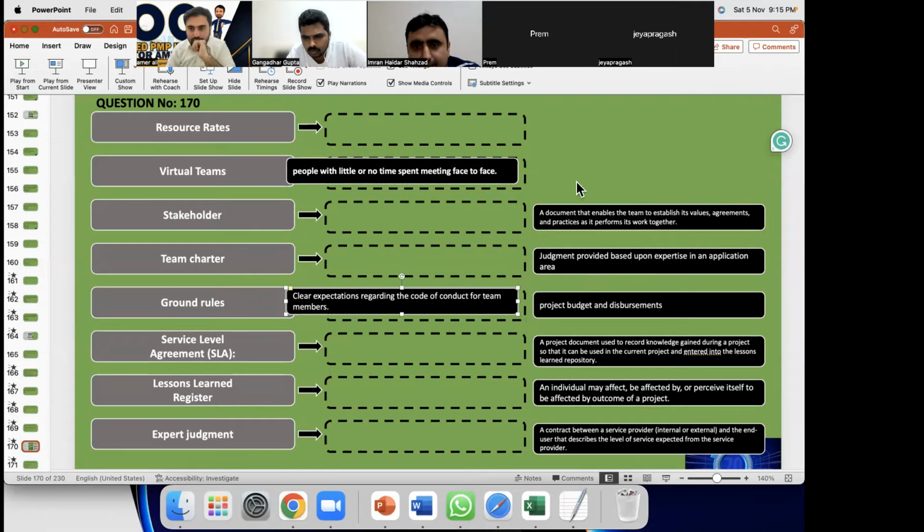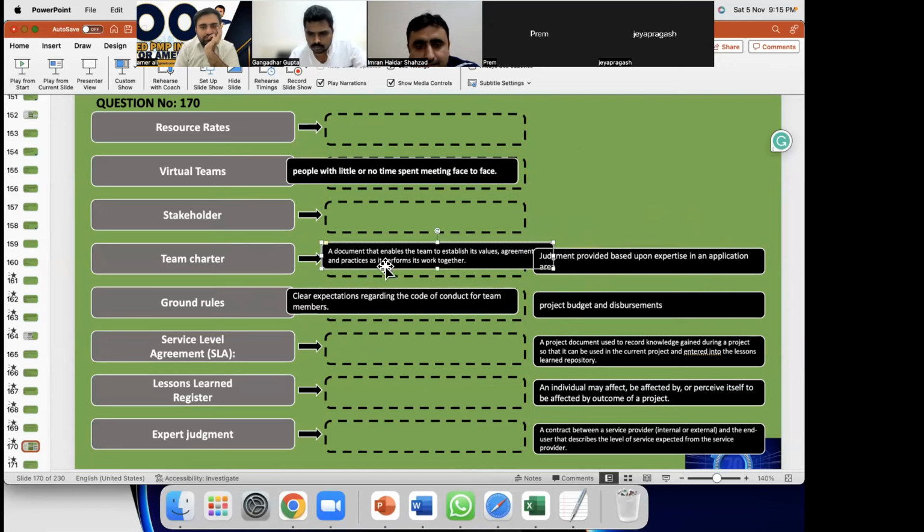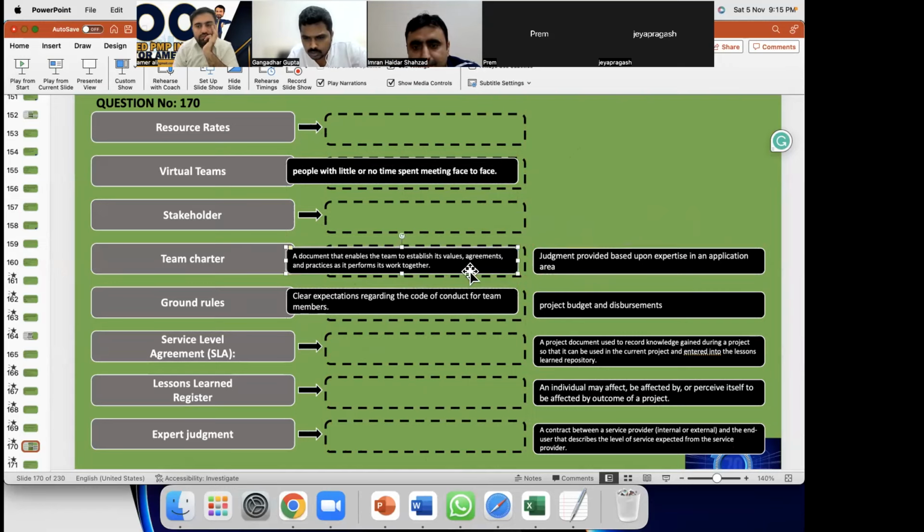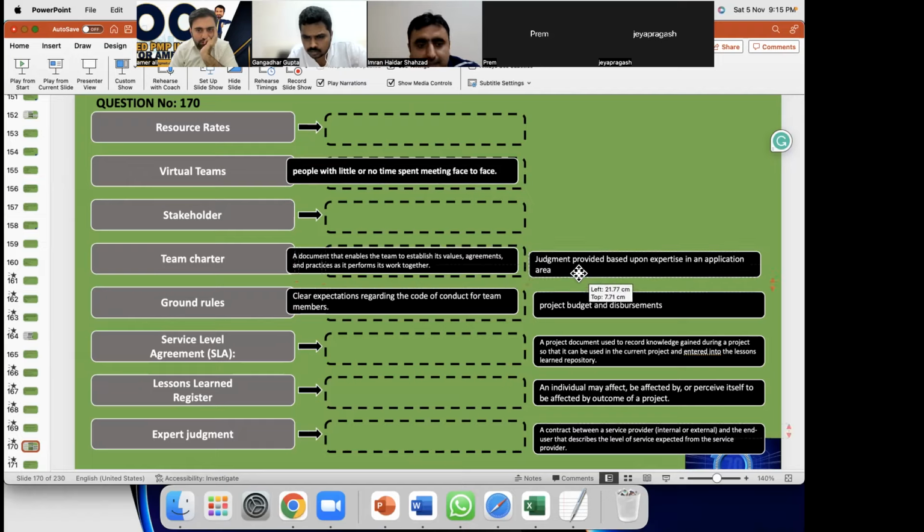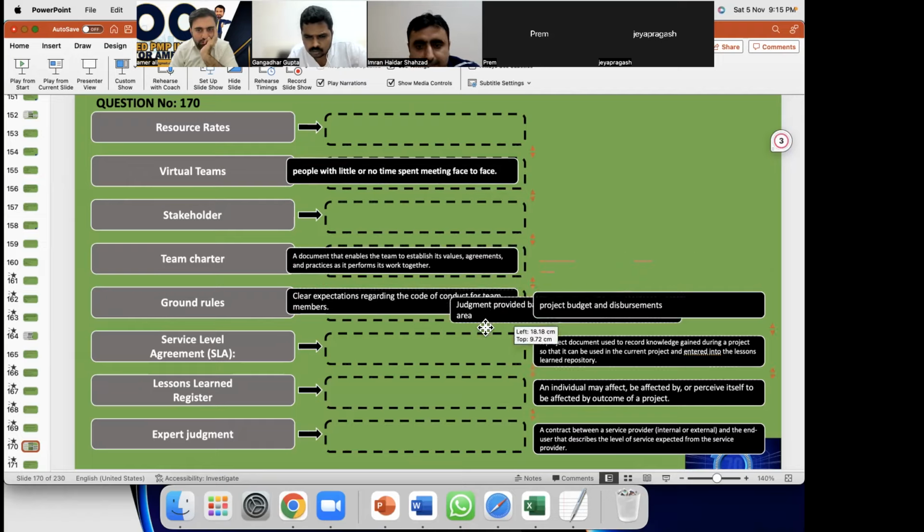A document that enables the team to establish values, agreements and practices for its work is the team charter. Judgment provided based upon expertise in an application area is expert judgment.